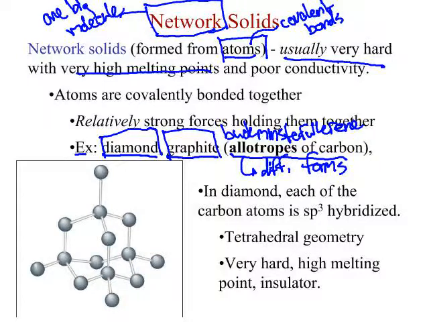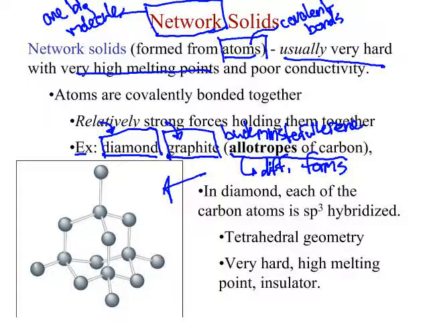We're going to consider these two examples, diamond and graphite. These are both network solids, and the reason they're network solids is because they consist of atoms that are bonded together. If we look at diamond first, diamond is shown right here. What distinguishes diamond from graphite is the way that the atoms are bonded together.